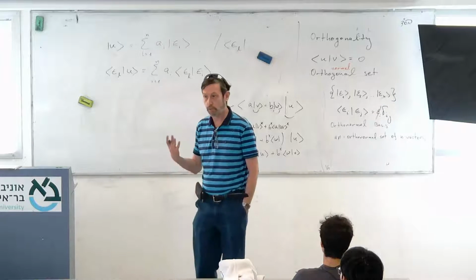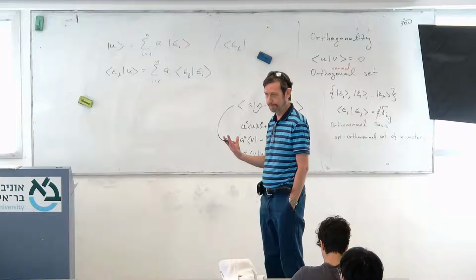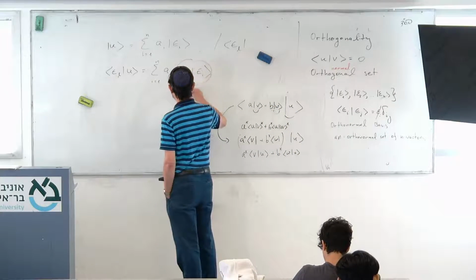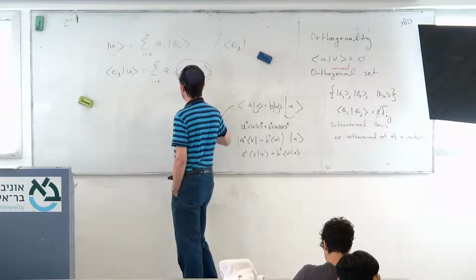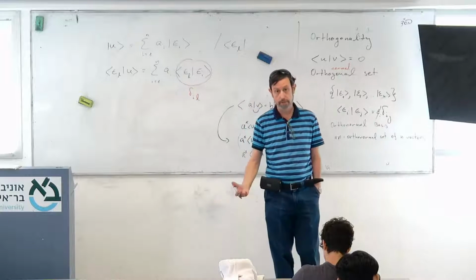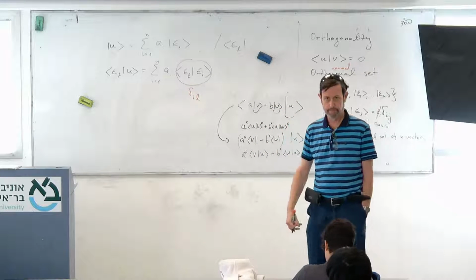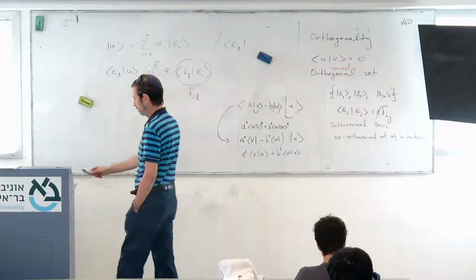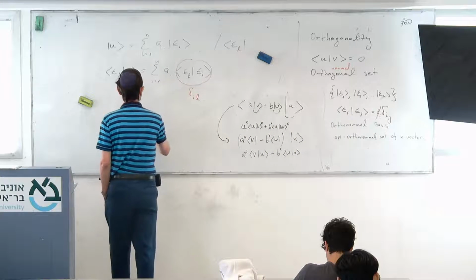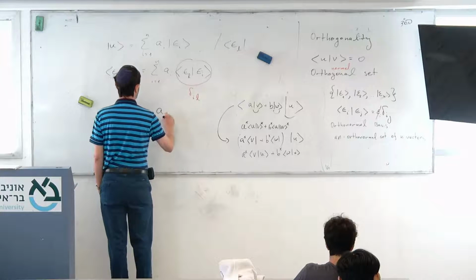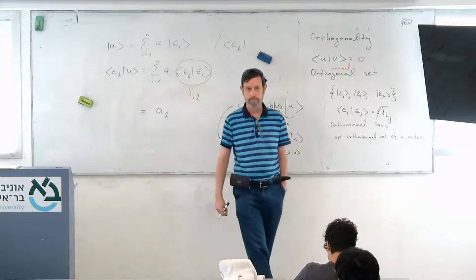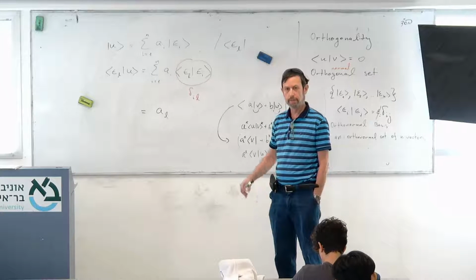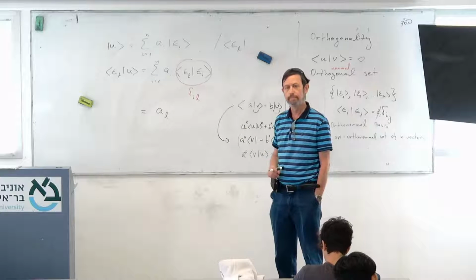Epsilon is an orthonormal basis. So the vector u is a sum of numbers multiplied by a set of vectors.